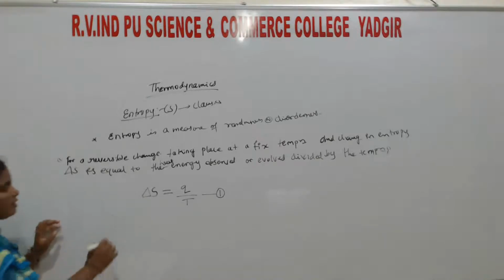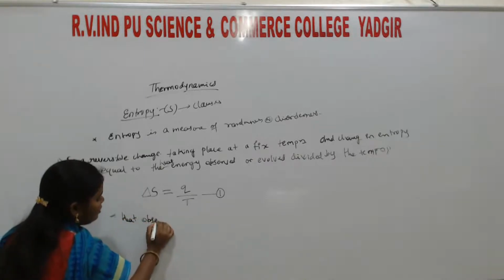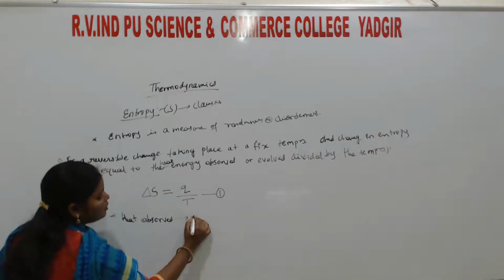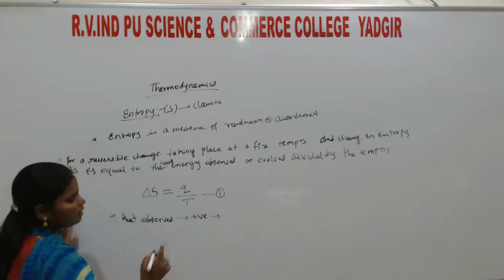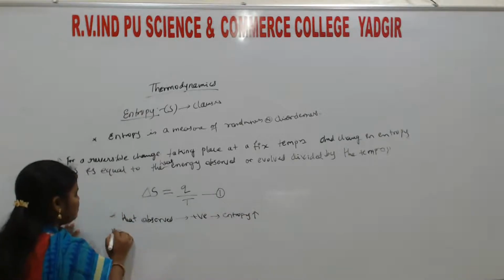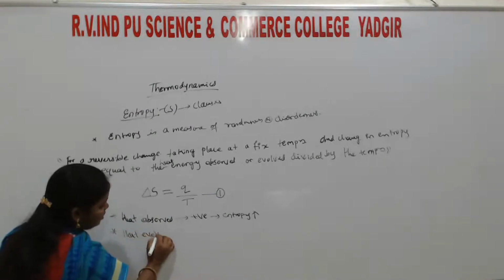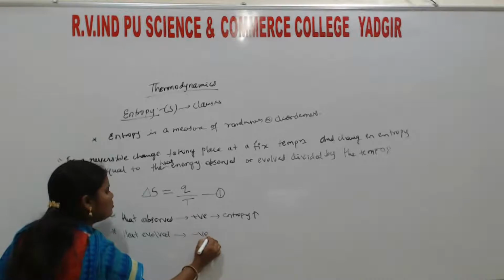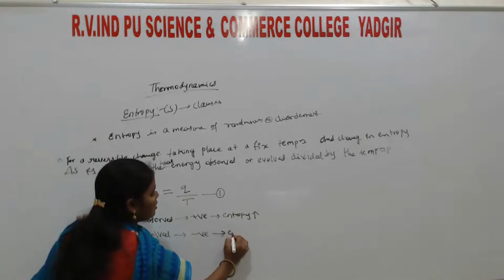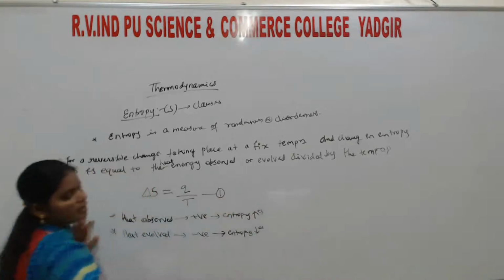So when heat is absorbed you get a positive value and entropy increases, and in case heat is evolved you get a negative value and entropy decreases.